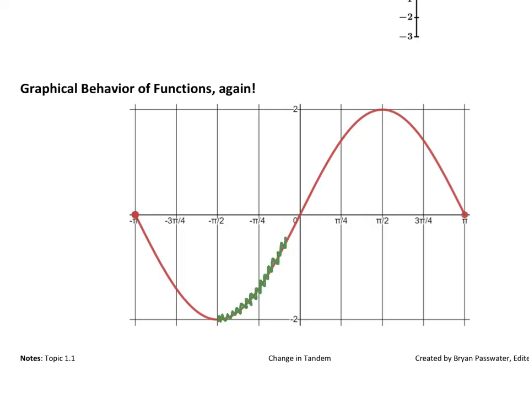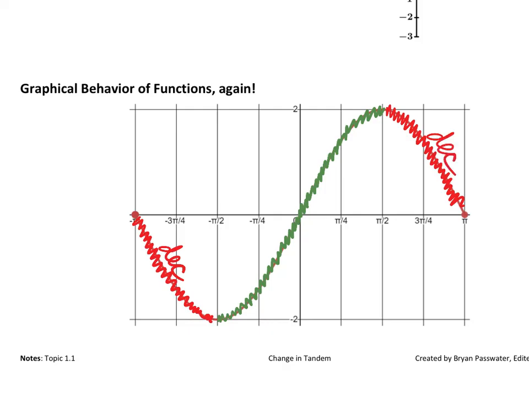Hopefully you're like the middle part. Yeah, the middle part is going uphill in a curved way. And these 2 end sections are the ones decreasing. So let's label that. This is decreasing, this is decreasing, and these 2 sections are increasing.